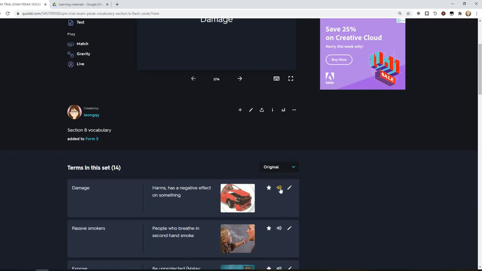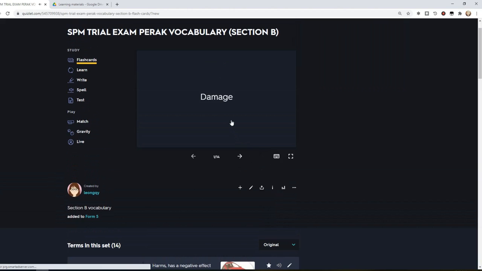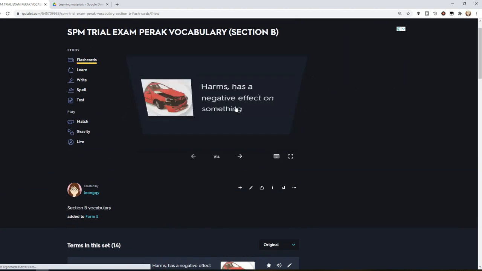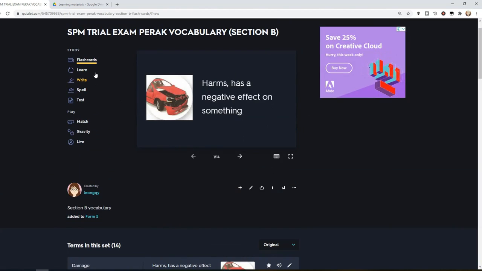Let me demonstrate the first one. Damage. Harms has a negative effect on something. If you use the flashcards, all you need to do is click and the meaning will come out here. Once you're done with learning all the meanings, you can try a test, and you can also play the match game that will test your understanding of all the words.